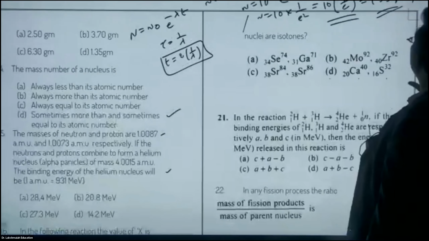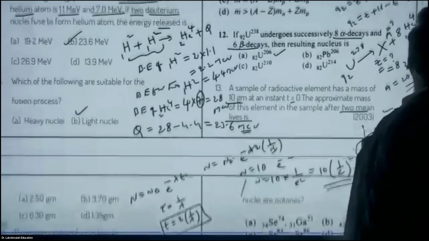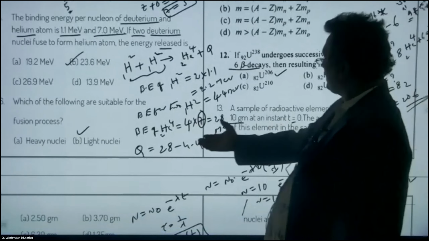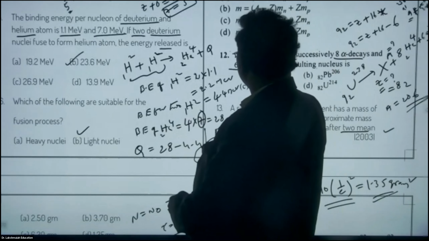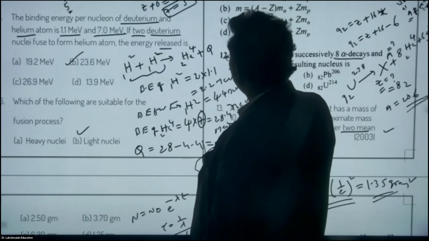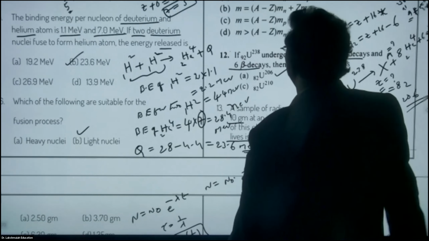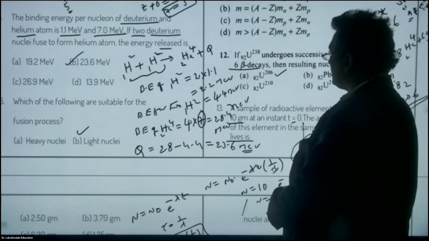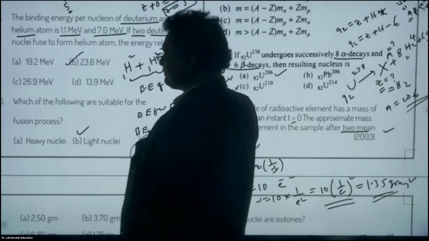Why you are not concentrating, I don't know. Where we did that binding energy of helium, you see this one. What is the value? This is 28.4 or something million electron volt. So the binding energy of helium is 28.3 or 28.4.